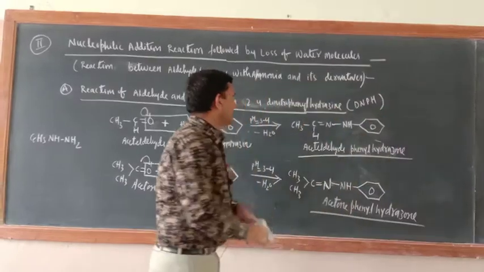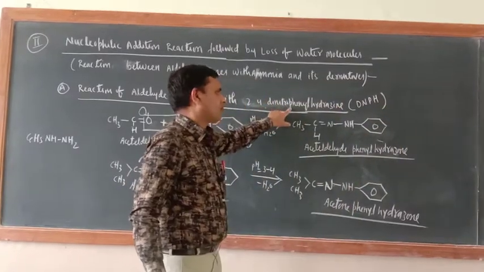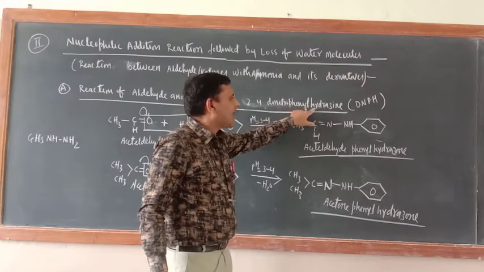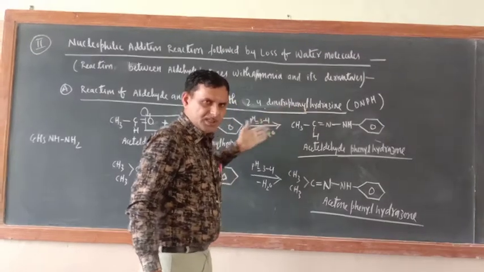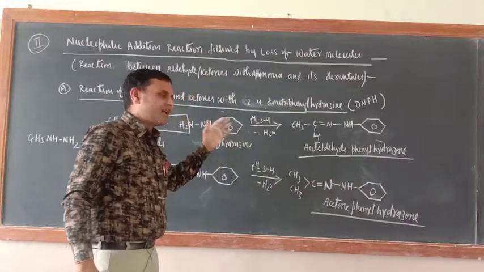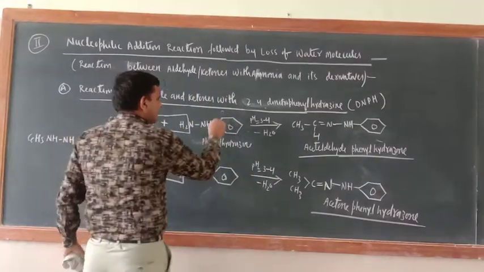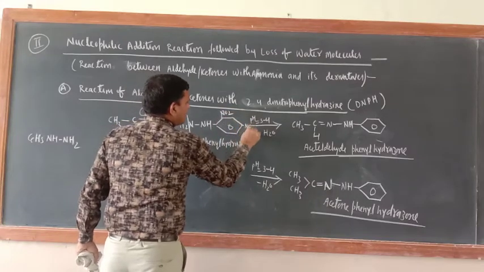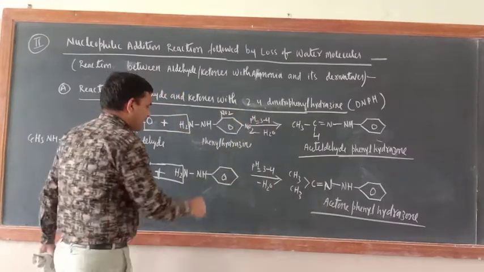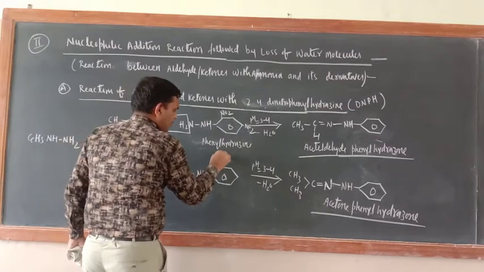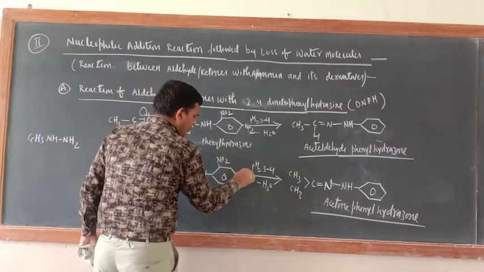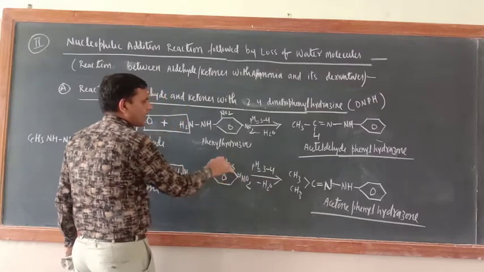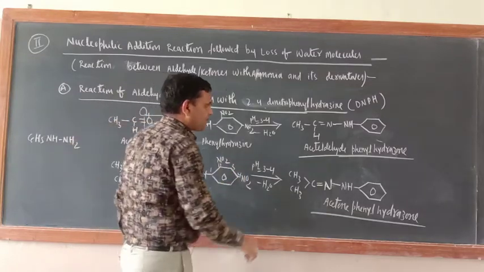D means dinitro, P means phenyl, H means hydrazine. So this is also known as DNPH. Make this one, at the 2 position and 4 position put NO2 groups. Here also NO2, here also NO2. Now this is 1, 2, 3, 4, so 2,4-dinitrophenyl hydrazine.